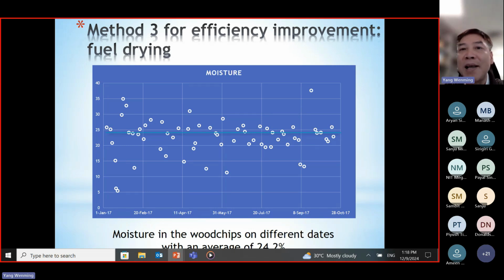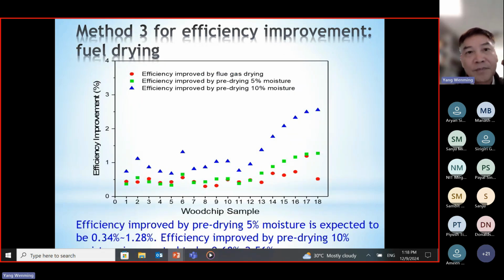As we know, the higher the moisture level, the poorer the combustion process and the lower the efficiency, because water evaporation absorbs heat energy and brings down the temperature. So we should try to minimize the moisture level in the fuel.